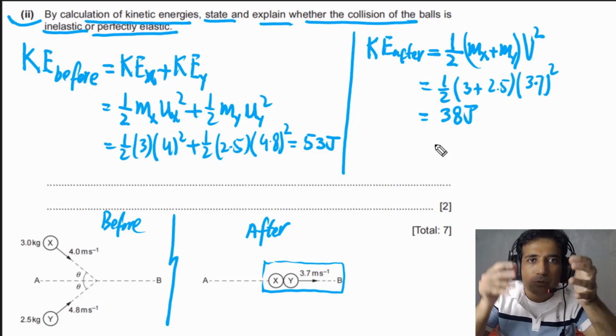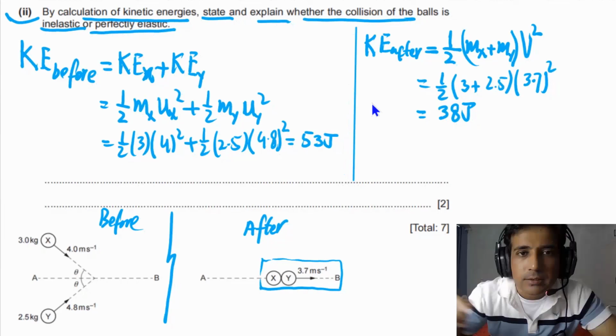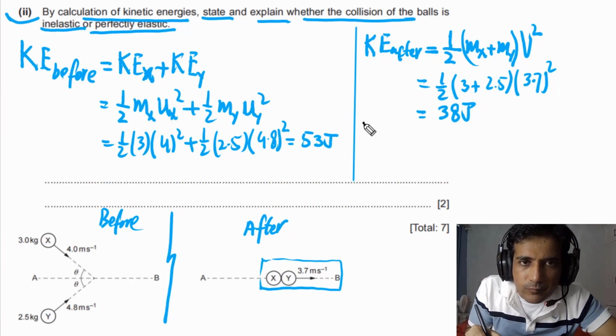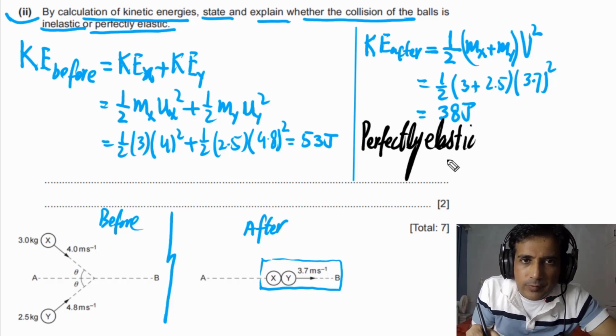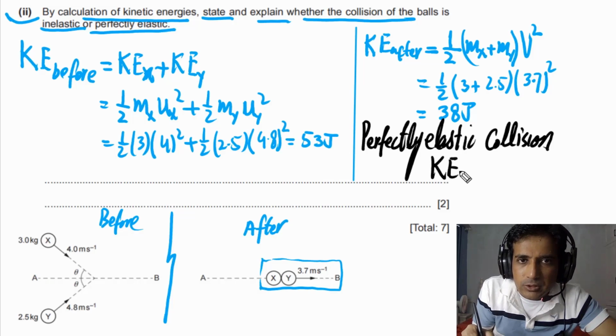Now we need to decide: is it an elastic collision or inelastic? Let's understand the conditions for a perfectly elastic collision. A collision is perfectly elastic if the kinetic energy before collision is equal to the kinetic energy after.